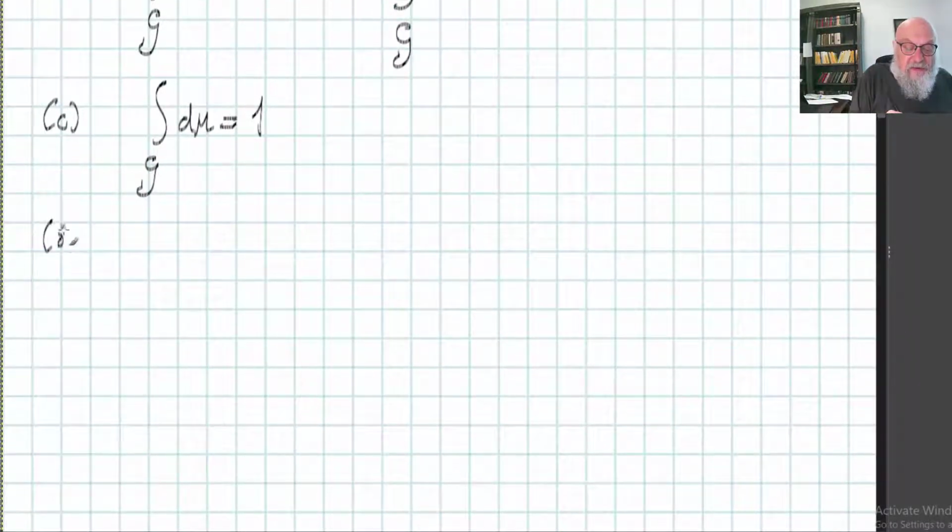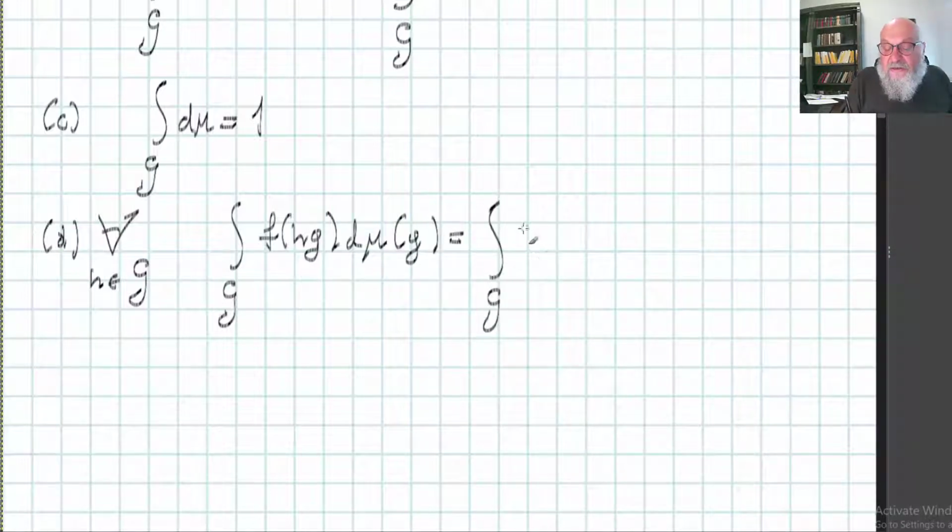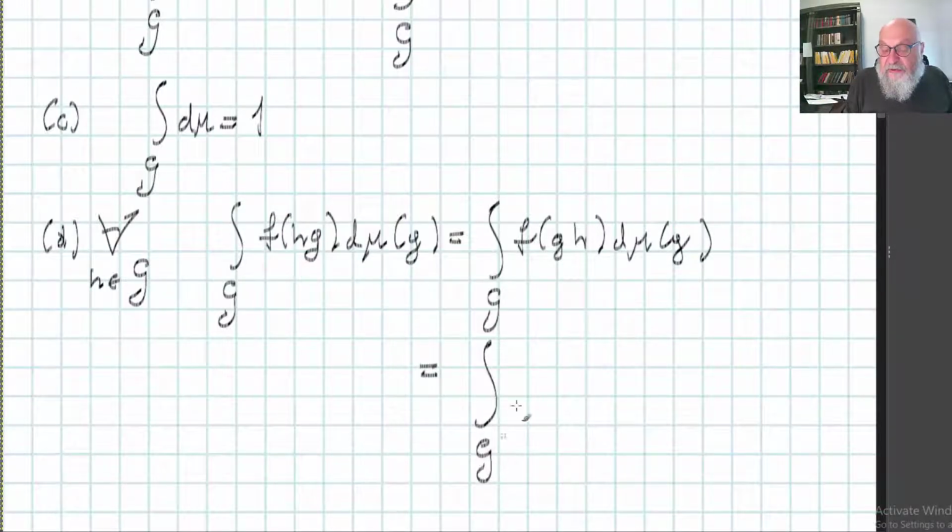For every h belonging to G, the integral over G of f(gh) d mu(g) is equal to the integral over G of f(hg) d mu(g), and this must be equal to the integral over G of f(g) d mu(g).